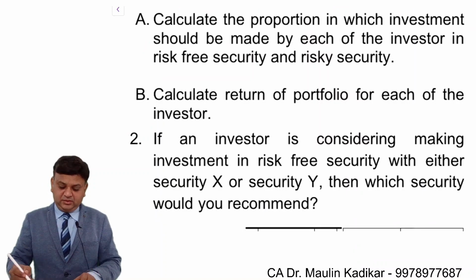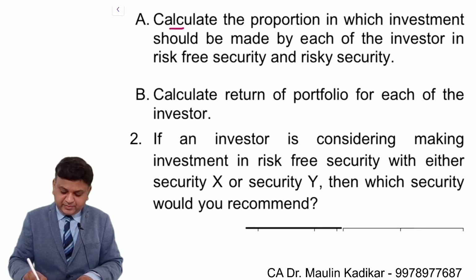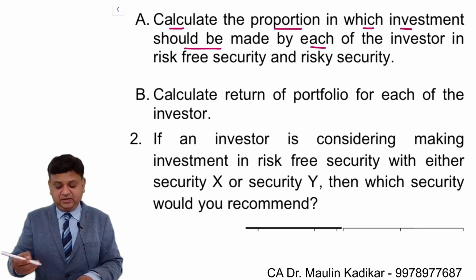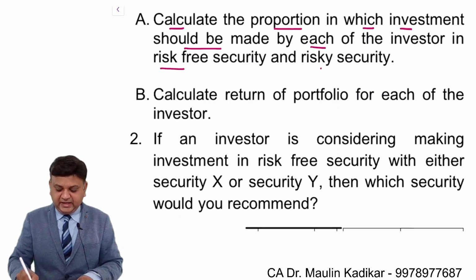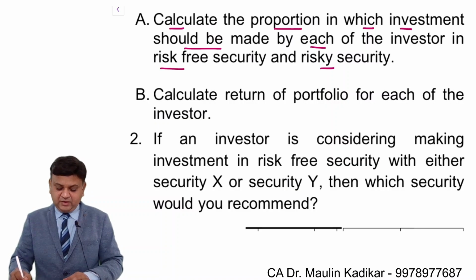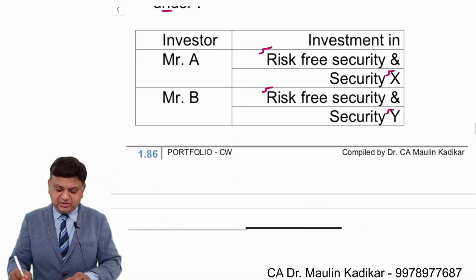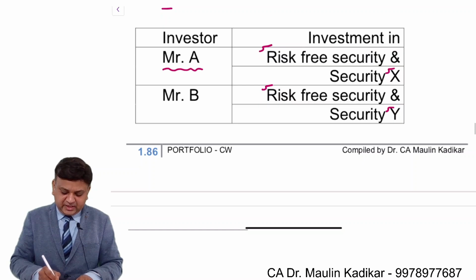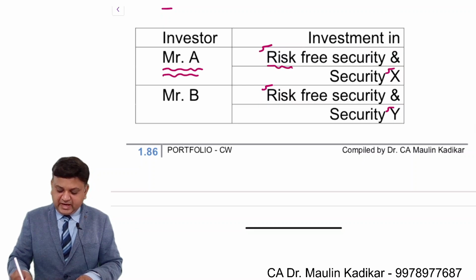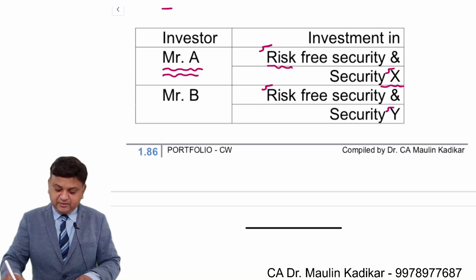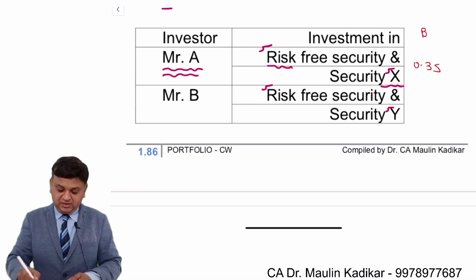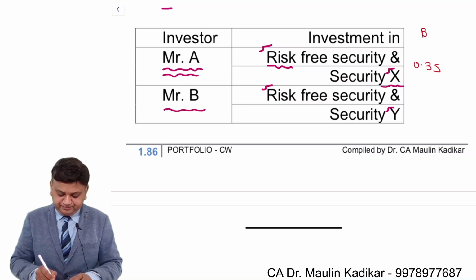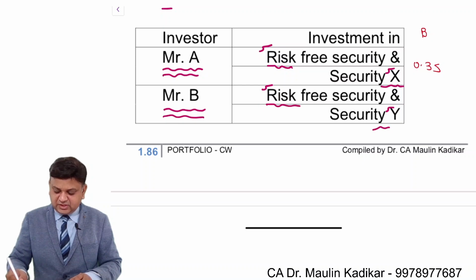A part of the question. You are required to calculate the proportion in which investment should be made by each of the investors in RF and in risky security. So the question is how Mr. A should make investment in RF and in security X so that beta of the portfolio is 0.35, and how Mr. B should make investment in RF and in security Y so that beta of the portfolio is 0.35.